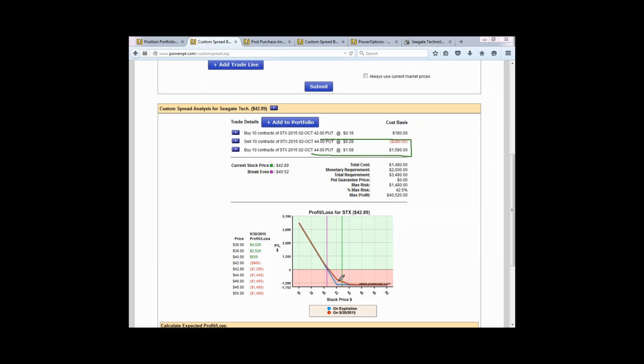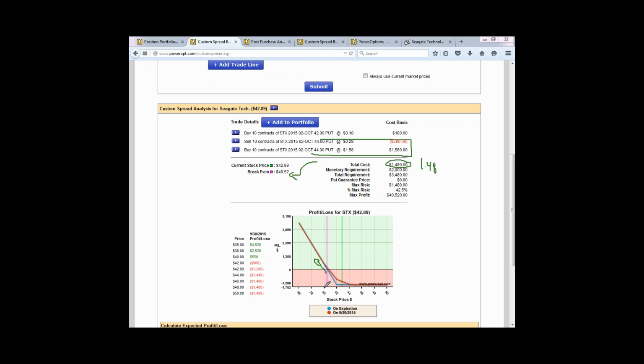So we're now long a 42 put with a cost basis of $1,480 for 10 contracts, or $1.48. So in the next 7 days, if the stock continues down and drops below 40.52, we would now have a small profit, whereas we would have had the maximum loss on the bull put credit spread. So number 6 would be to buy the short and leave the long open.